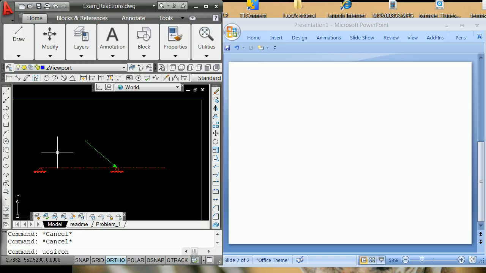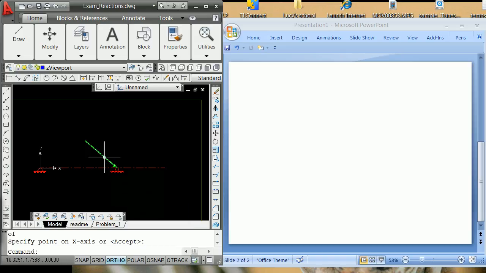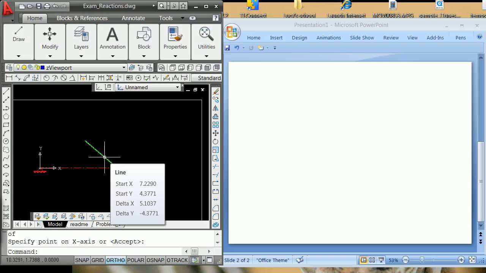until you're completely facile with vectors, you're going to tend to move your origin around. You've got to be very careful when you move it that you move it to the right spot. UCS to the end point of that, or the insert, hit enter, and now if you look at this block you can see its position is 12.33, and the force, whether or not you slide it, is variable.